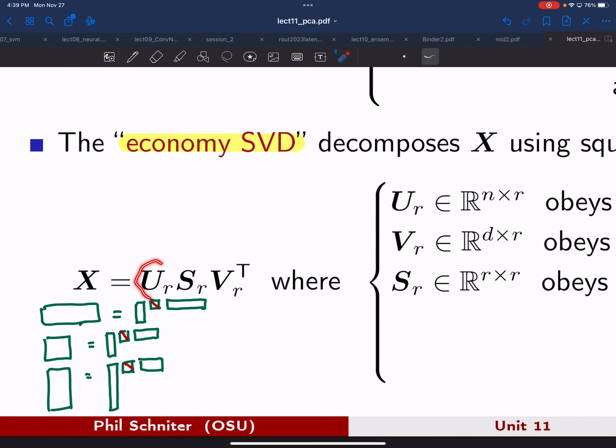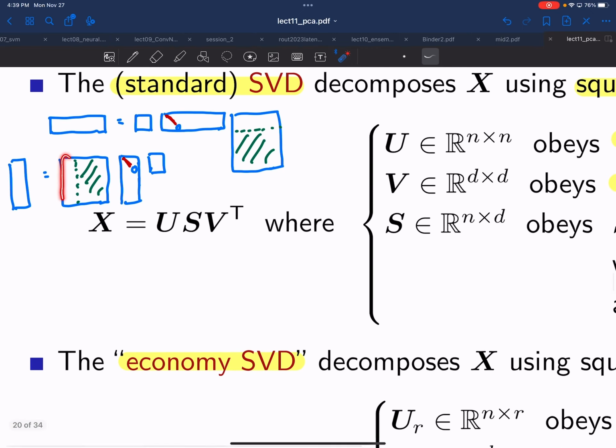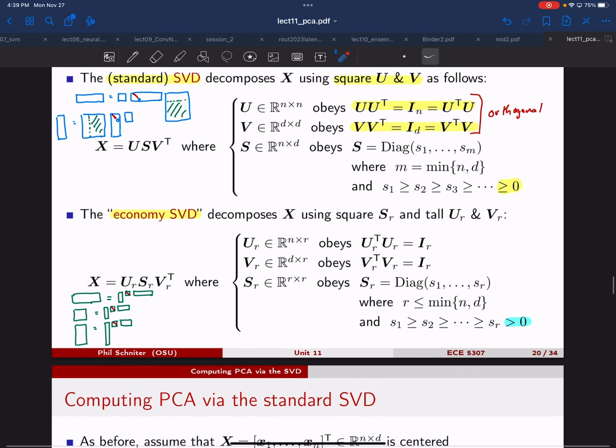Now again, this matrix is exactly this matrix. So that means that all those columns are orthogonal to each other and unit norm. So it obeys this, but it does not obey the other one. Same thing with V. Oops, transpose on the other one.